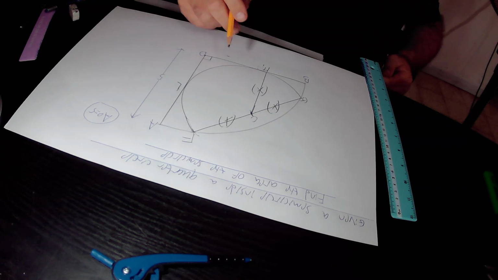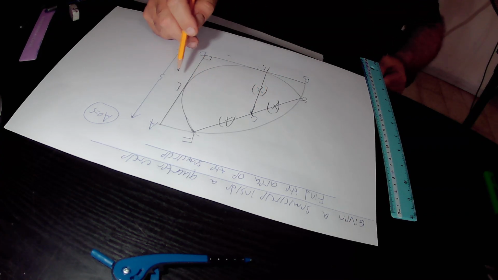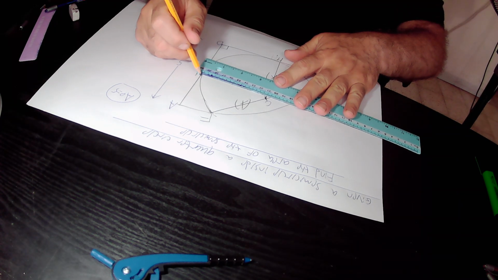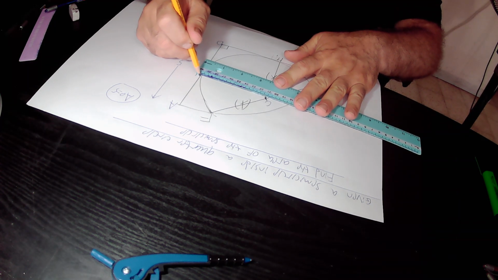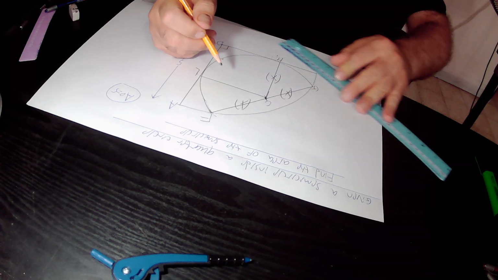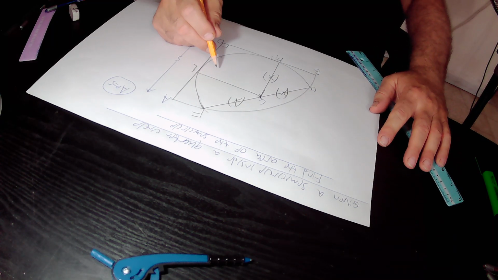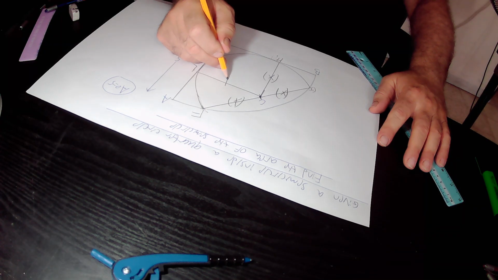We join points C and L together by a straight line. CL is of course also a radius of this semicircle, that is equal to x.